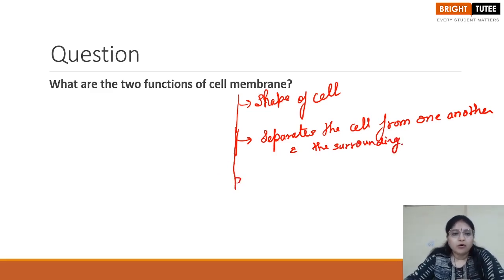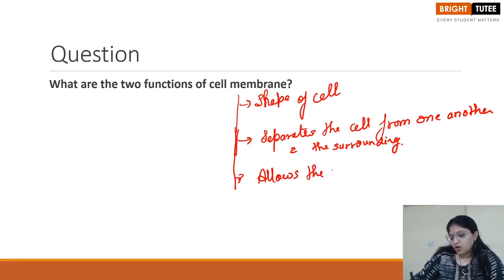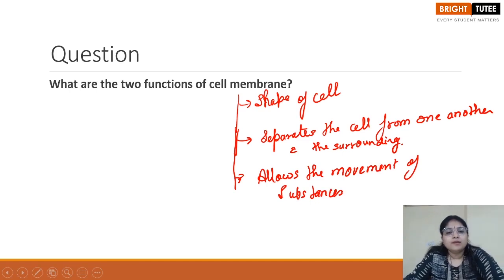Also, although there are just two functions mentioned, we can mention more, that it allows the movement of substances in and out of the cell, right? So in this way we see these are the various functions, and out of which you can mention any two.